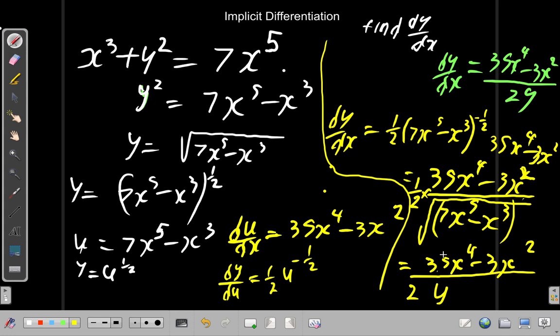And we get the same thing. Alright, so in this case, we see that transposing for y to make the function explicit and then differentiating, you will get the same thing as when you differentiate using implicit differentiation.